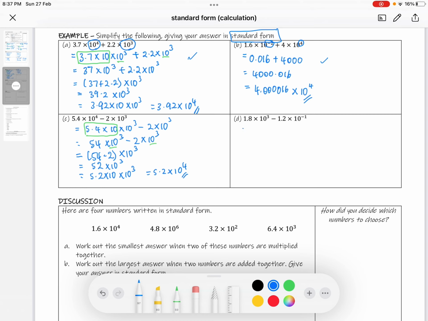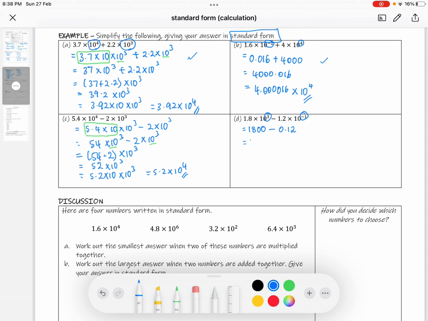Okay, right, part D again. If you look at here, the index form is one positive, one negative, so it's easier for us to change this into ordinary numbers. So 1.8 times 10 to the power of 3 would be 1800, minus 1.2 times 10 to the minus 1, which would be 0.12.